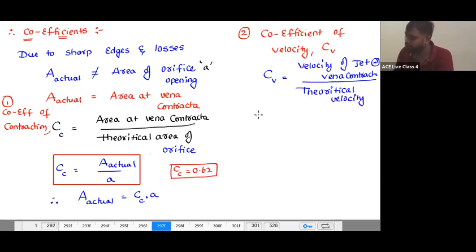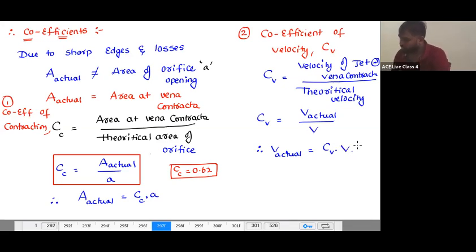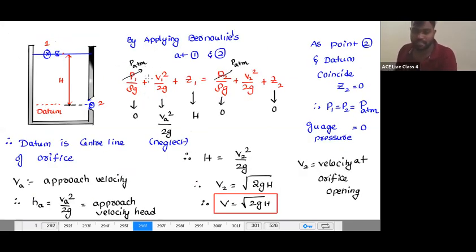So what is our CV? V actual, meaning V at vena contracta, by V theoretical, as a small v. So here V actual is equal to CV into V. Remember, whatever the pressures we are taking, it is gauge pressure only.